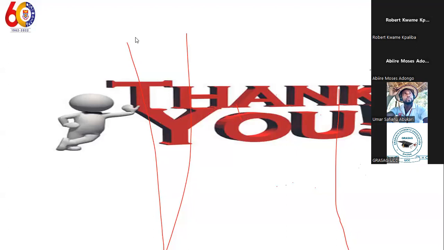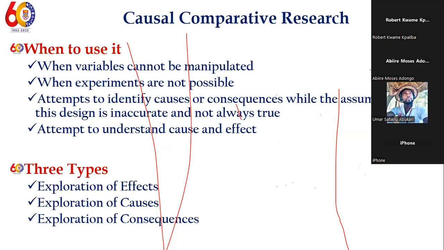But my question is on the cohort study, and the very last slide he shared with us, the causal experimental, the one he said explores effects. If you can go to the very last slide, the examples he gives seem to be similar.